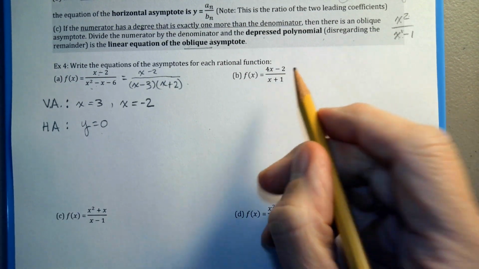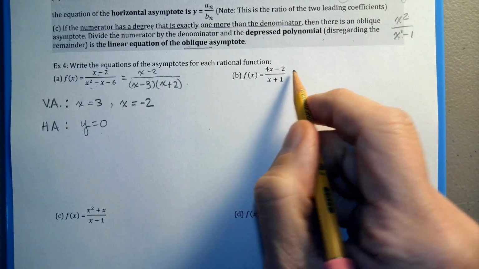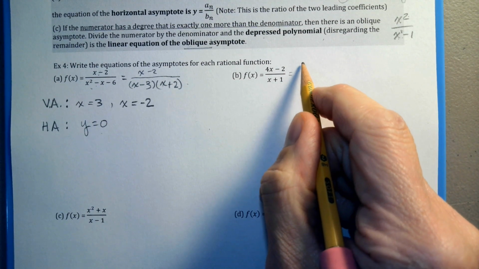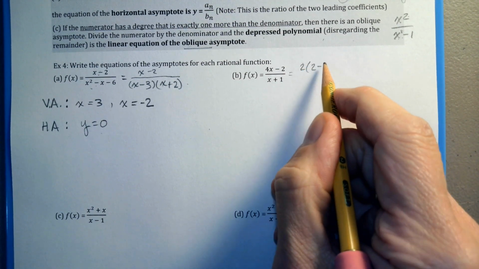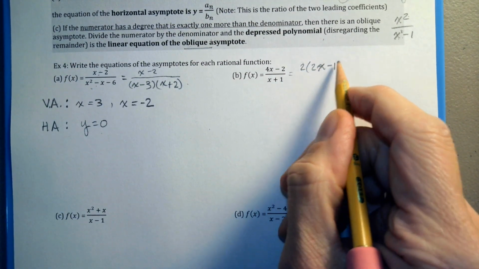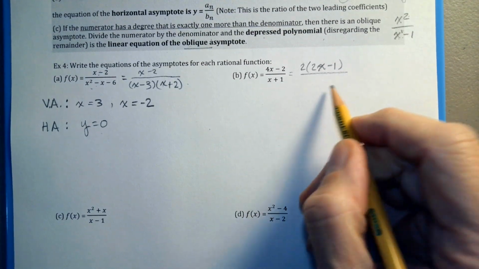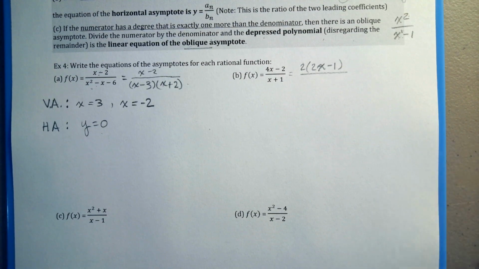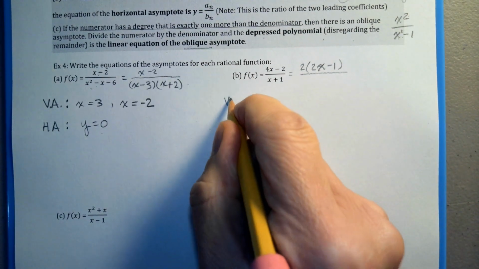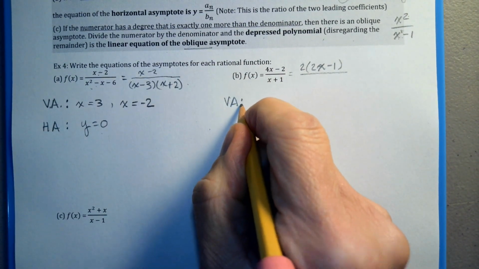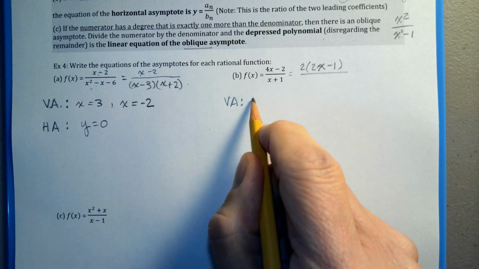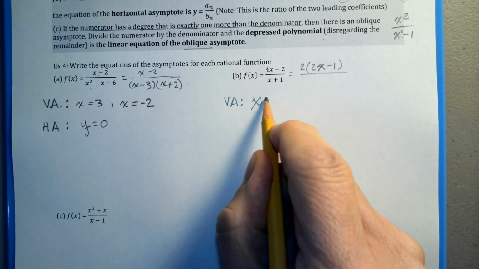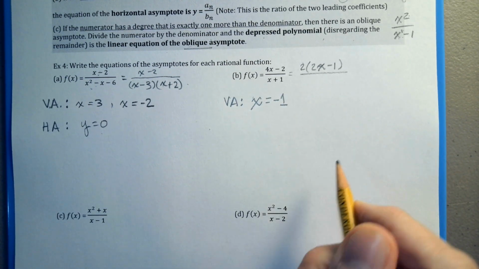All right, B. We could factor the top, but that's just going to be 2 and then 2x minus 1. So that doesn't cancel with anything downstairs, so probably we don't really need to factor that. Is there any vertical asymptote? All right, x = -1 is the vertical asymptote.